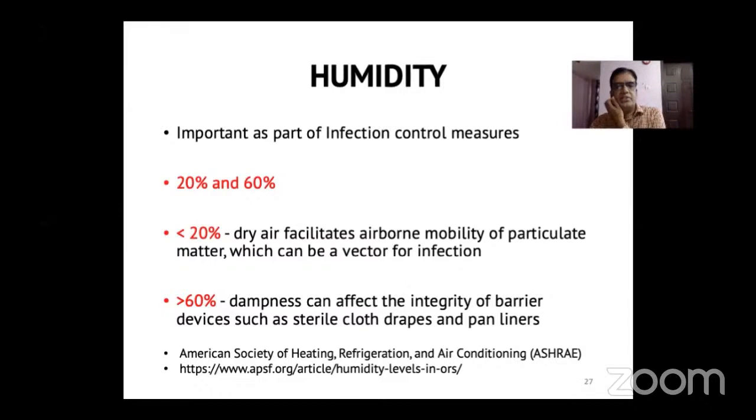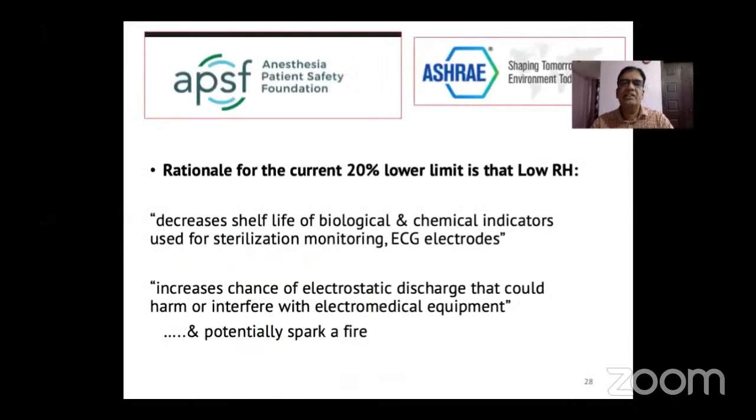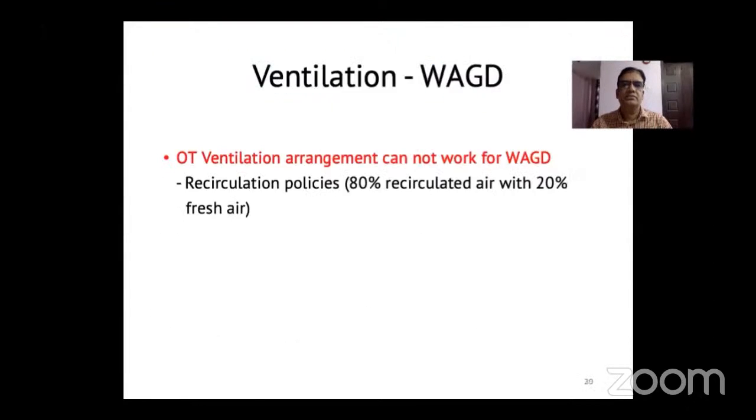In fact, the American Society of Heating, Refrigeration and Air Conditioning, ASHRAE, and the APSF, Anesthesia Patient Safety Foundation, have also expanded on the reasons why we should be maintaining it between 20% and 60%. Ventilation per se, I am not going into the details, because OT ventilation will be taken up by Dr. Amit Shah today.